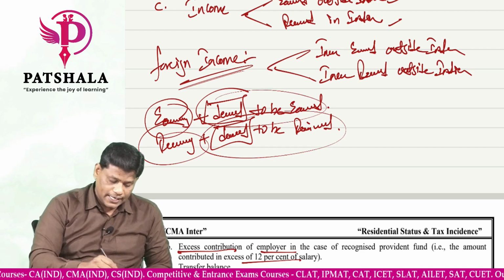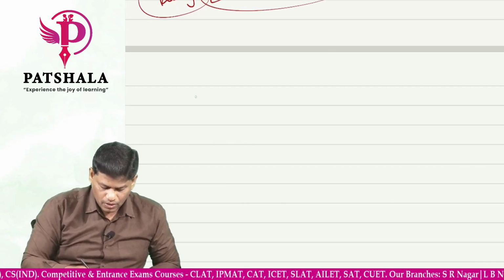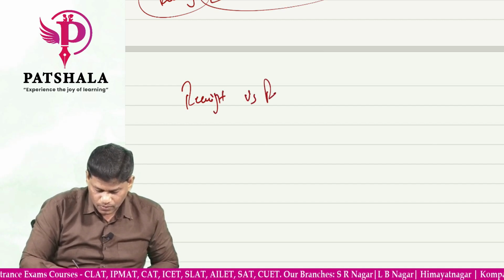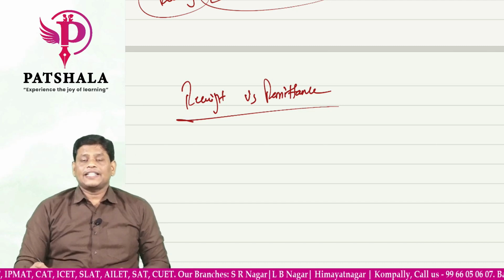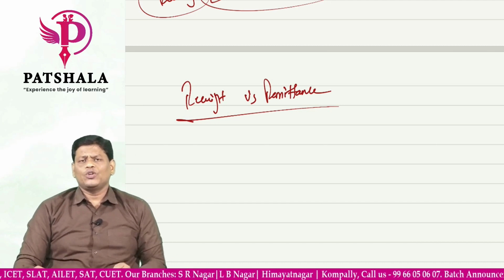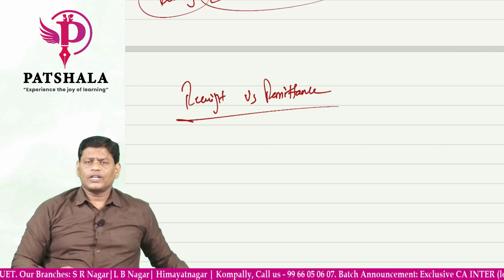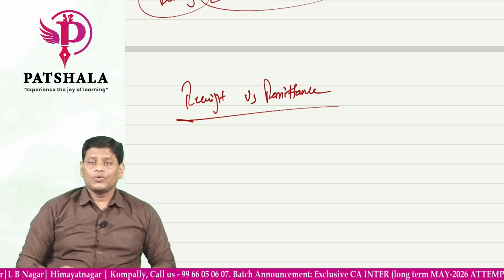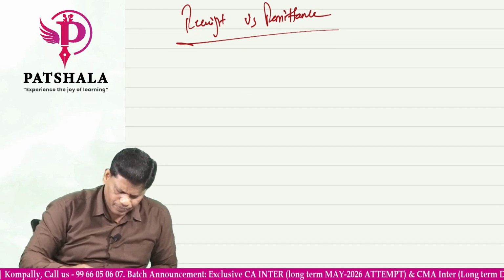Let's understand one more terminology as I was discussing: receipt versus remittance. Remittance is a word which will be very frequently used in your tax incidence table, or your tax incidence problems for that matter. So please understand what is remittance and what is receipt. Listen to this now.